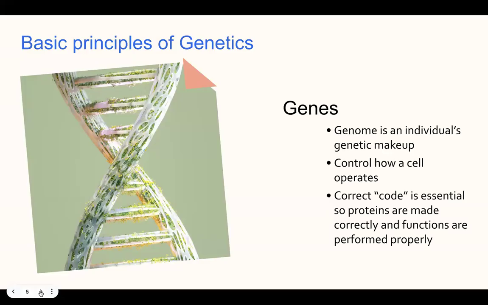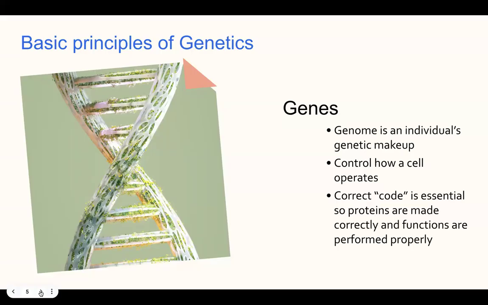So, these are the basic principles of genetics. We're talking about genes. Genes are the genome. The genome is an individual's genetic makeup. Genes are basic units of heredity. There are over 22,000 genes that make up each person's genome.